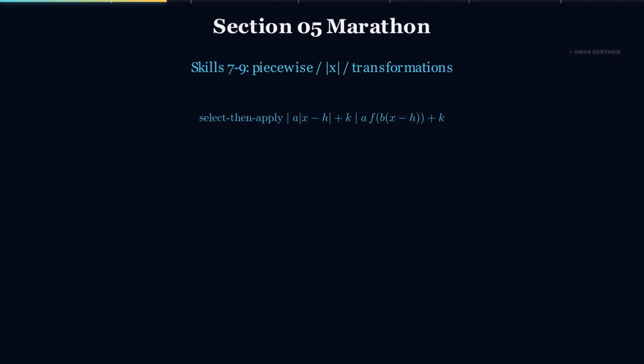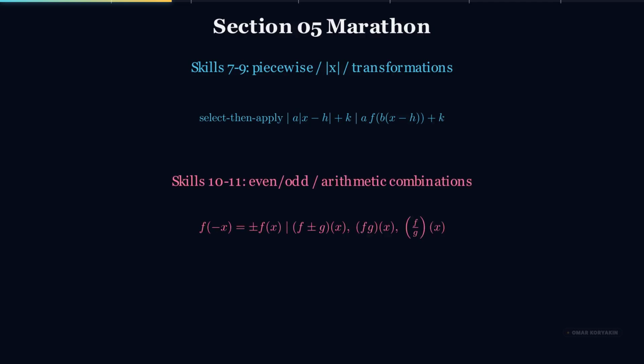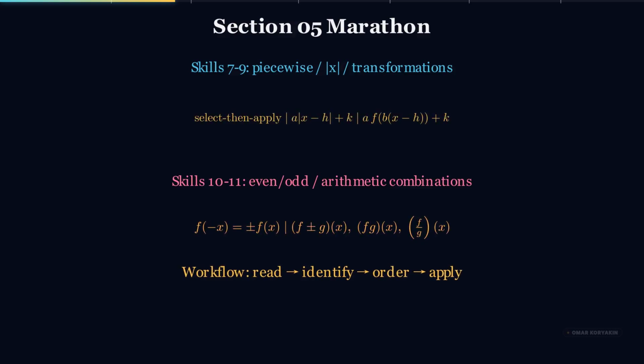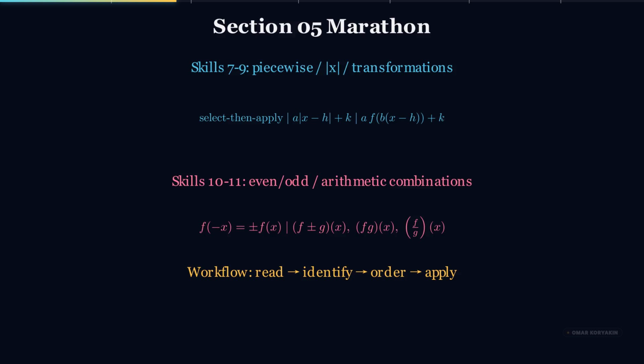Function transformations applied through the general form a times f of b times the quantity x minus h plus k with the 4-parameter interpretation. Skills 10 and 11 are the symmetry and arithmetic layer. Even and odd function classification by the algebraic tests f of negative x equals plus or minus f of x.